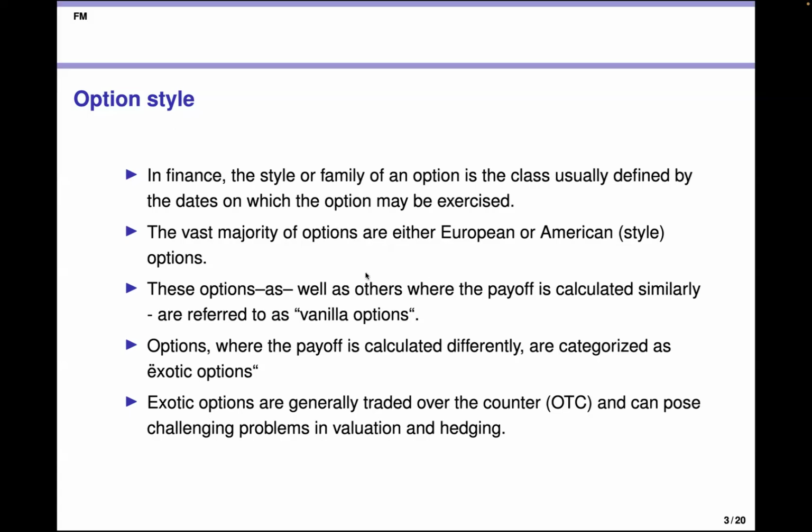European and American options are referred to as vanilla options. Maybe you have heard these terms, vanilla options, or maybe you have heard of vanilla Coca-Cola. Options where the payoff is calculated differently are called exotic options.